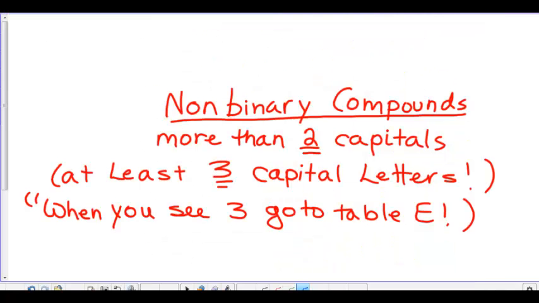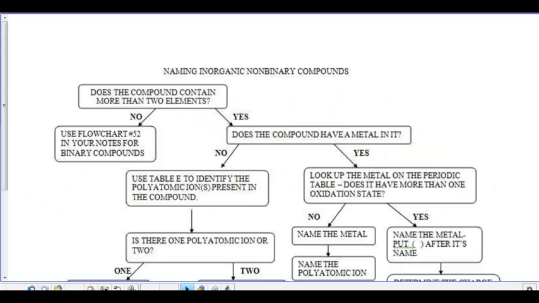Now you have a flow chart for non-binary compounds. I think it's 3 pages in your notes. It says naming inorganic, that means not carbon containing, non-binary compounds. Okay?